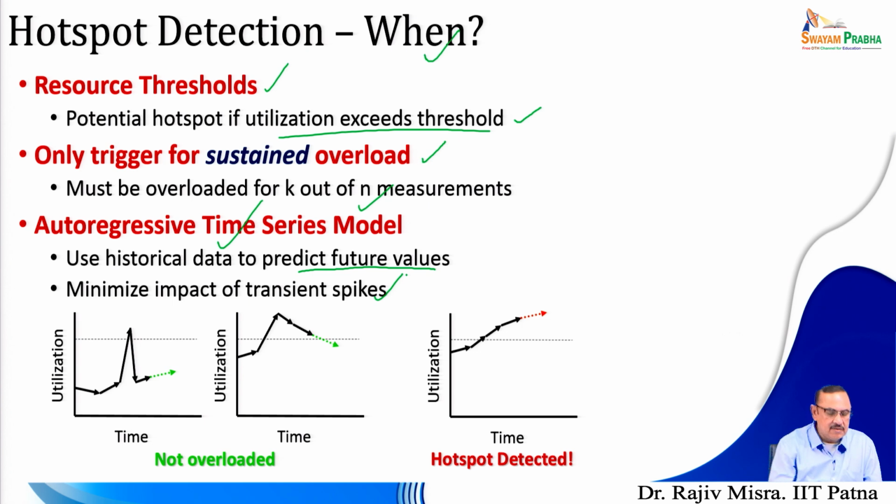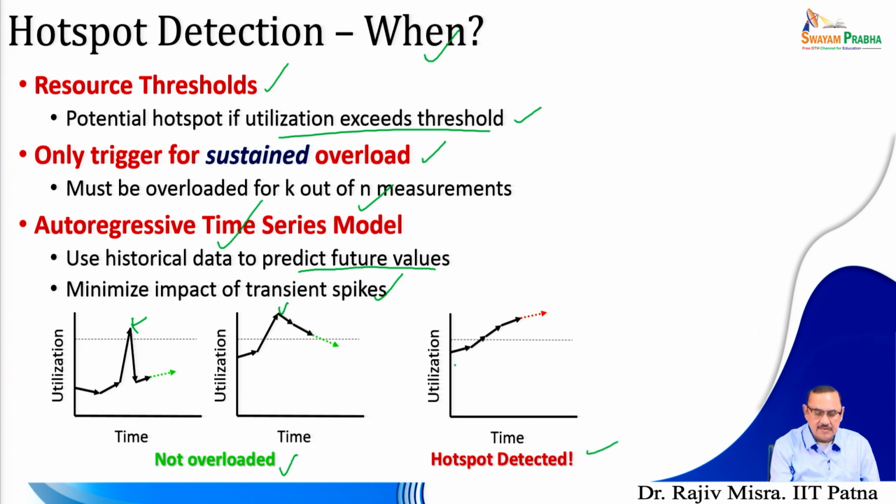Here in this figure, utilization versus time is plotted. This is a spike, but it is not detected as a hotspot, because it is still considered non-overloaded. Similarly, this spike is also a transient spike, and it is not detected as a hotspot.